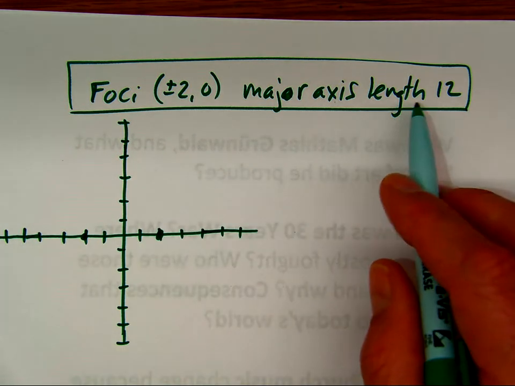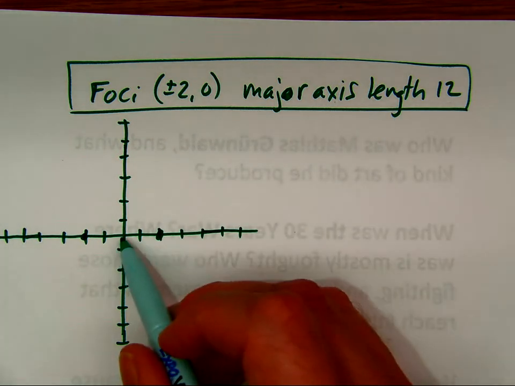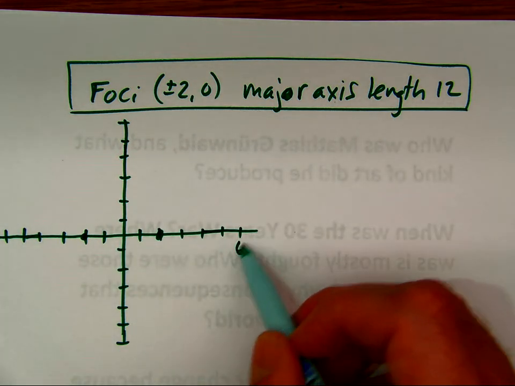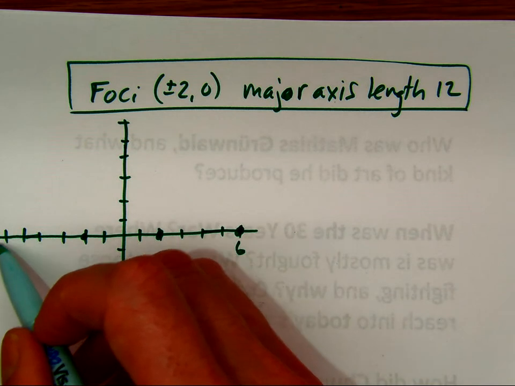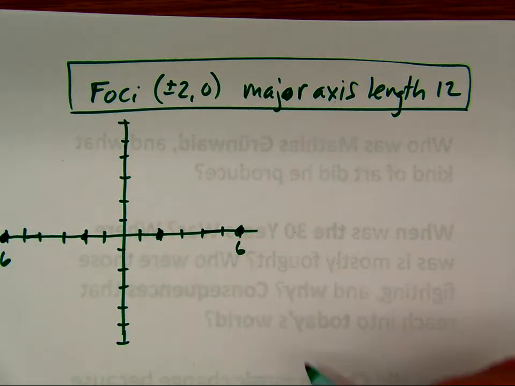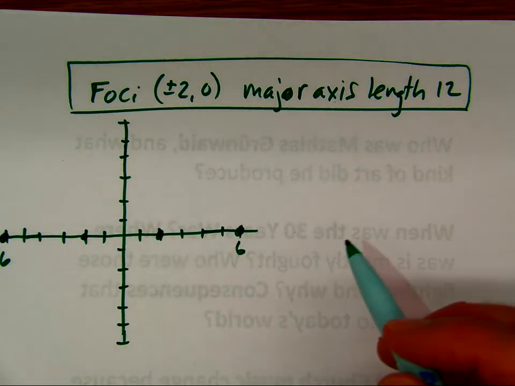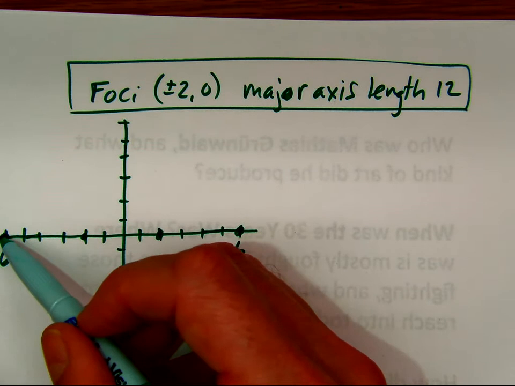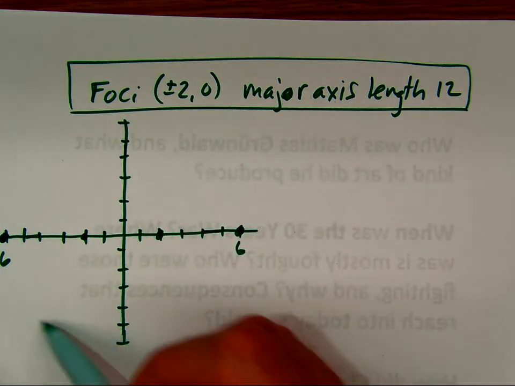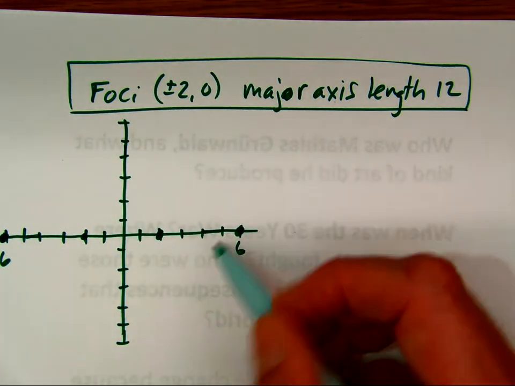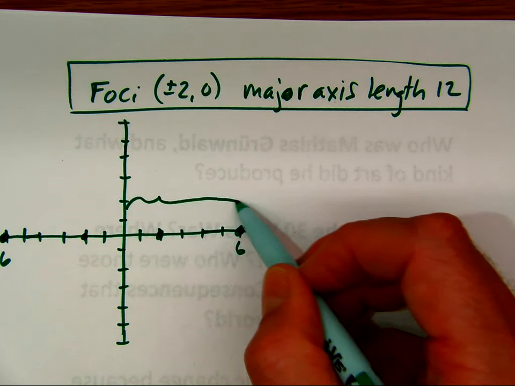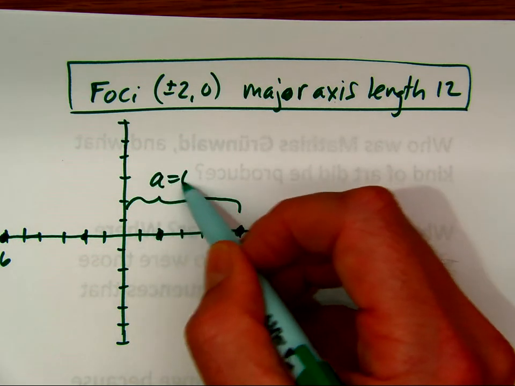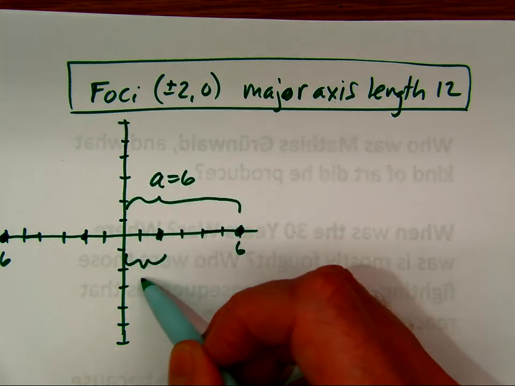If the major axis has a length of 12, then that means half of it is out here at 6 and negative 6. The ellipse will be going like this. We don't know how high it'll go, but we know that A equals 6 and C is 2.